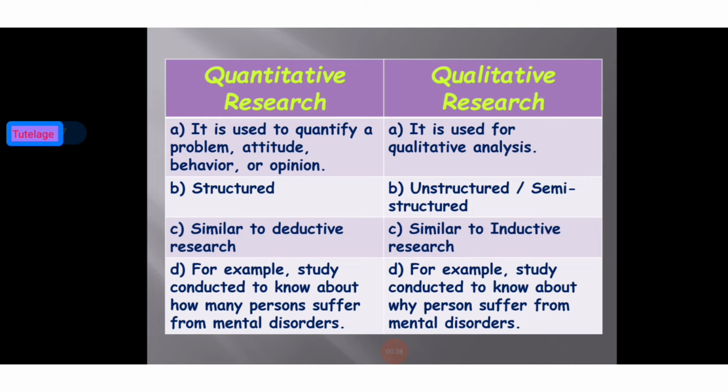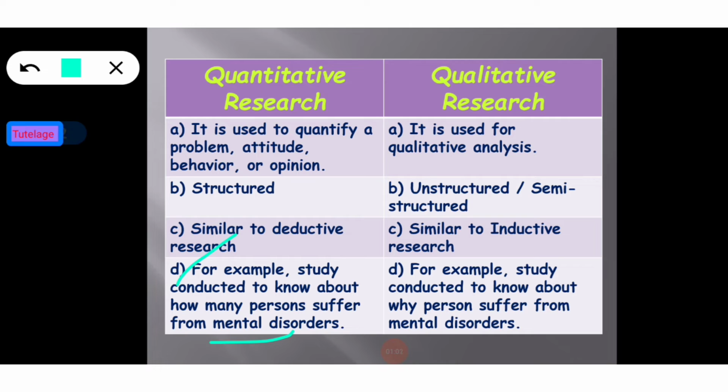Okay, now going to the fourth difference between quantitative and qualitative research. For example, in quantitative research, a study is conducted to know how many persons suffer from a mental disorder. So basically, quantitative research tells about how much or how many.